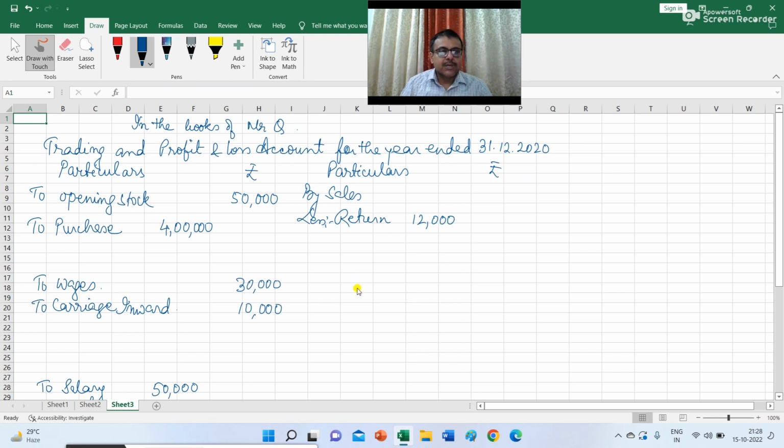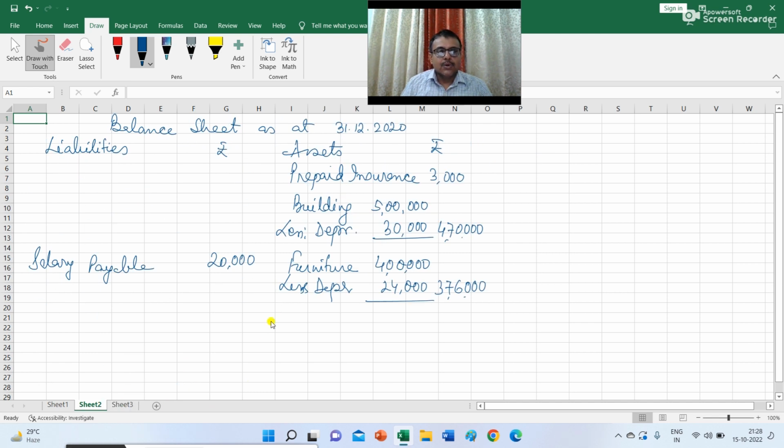And the last item is cash at bank. So cash at bank is an item of the balance sheet and the amount is 50,000. And there is a drawing of cash for rupees 12,000. So in the outer column you have to record 38,000.